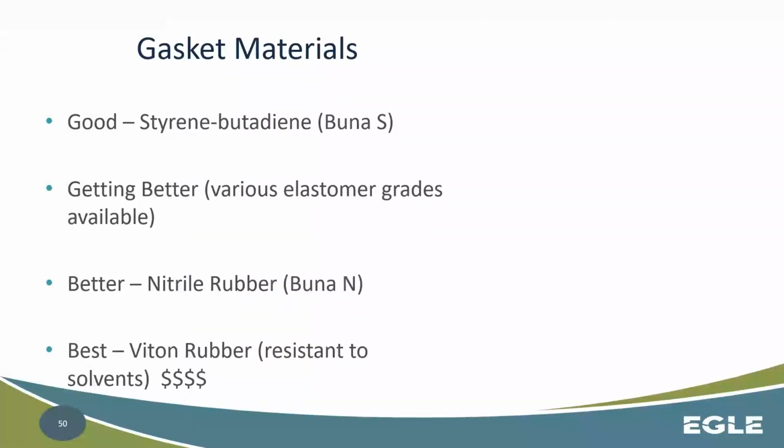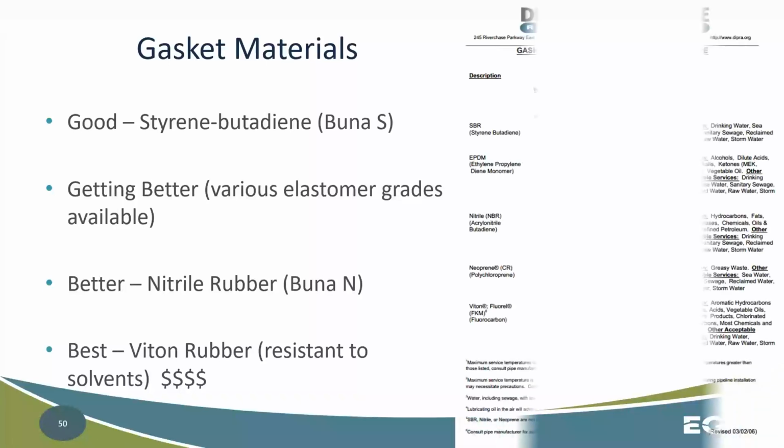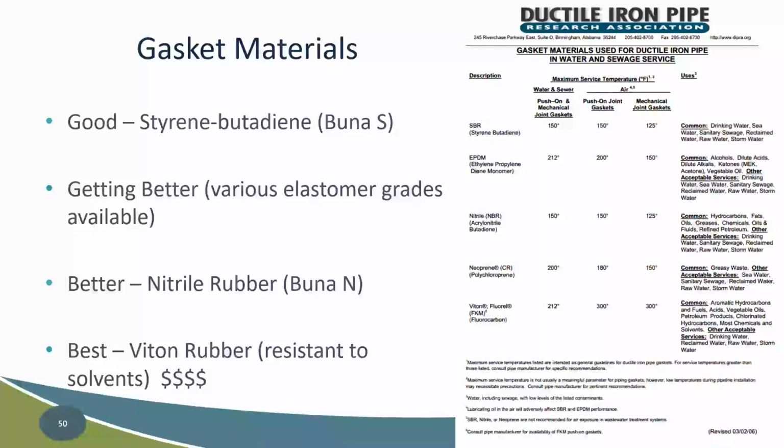So again, this gets into the gasket material. I'm sure there's lots of different brands that you can use, and then they have different varieties off of that. So this is just a hierarchy concept. You have good to best. So Viton, although it's costly, is going to be your most resistant to things like solvents. And this is from the Ductile Iron Pipe Research Association.